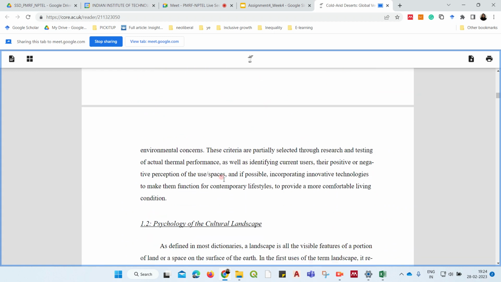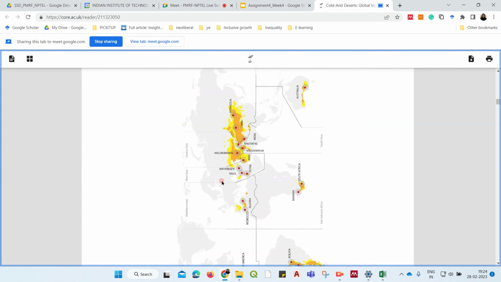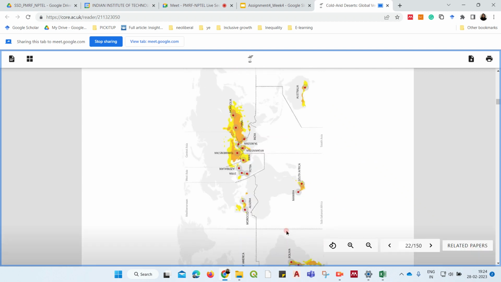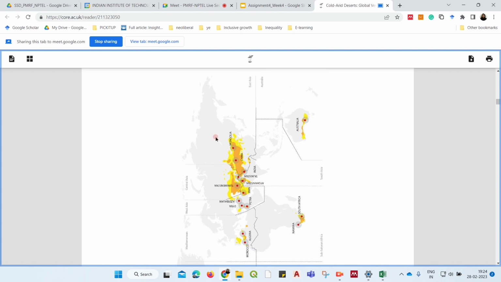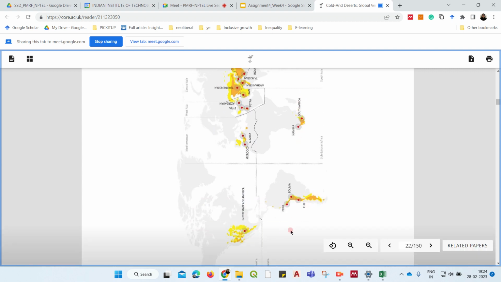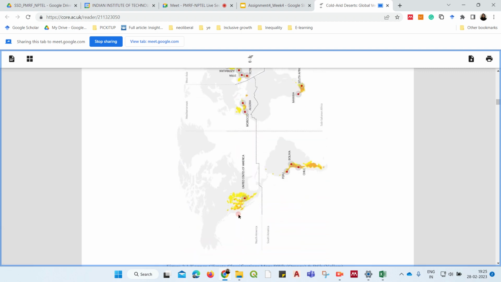For example, I'm not able to rotate this image, but you can see it maps out in the whole world which are the areas which have this type of climate. You can see the whole Himalayan region in India, and several different parts of the country, which parts of the world have this specific Köppen classification of climate.